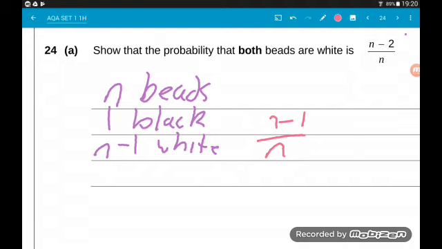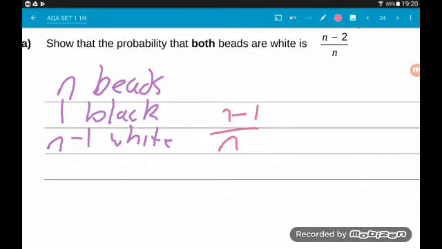So if the first bead we pick out is white, then for the second selection there are n minus 2 white beads in the bag, so one less than n minus 1 is n minus 2, and there is one less bead in the bag in total. So 1 less than n is n minus 1.